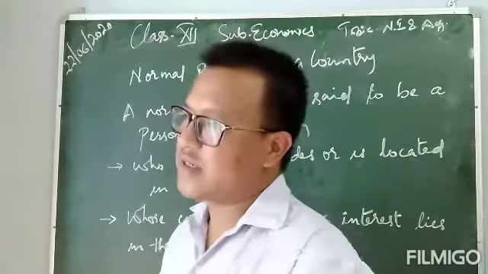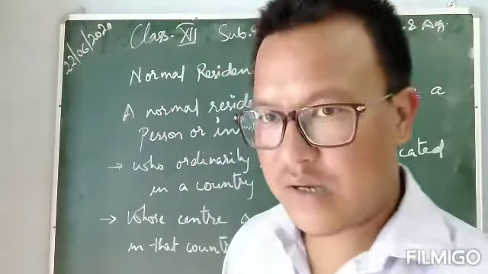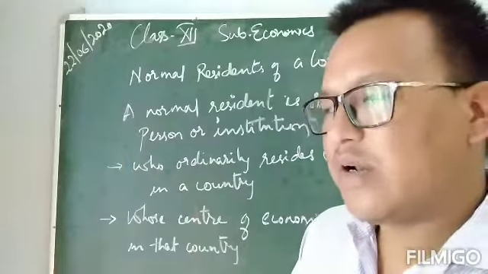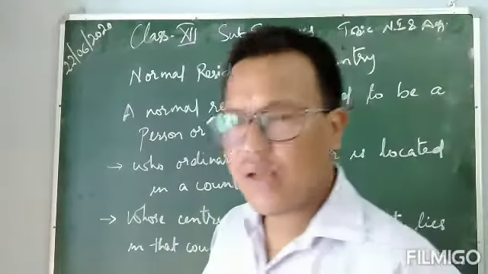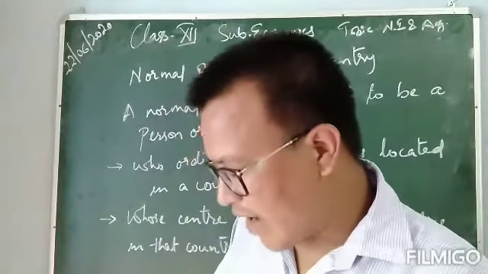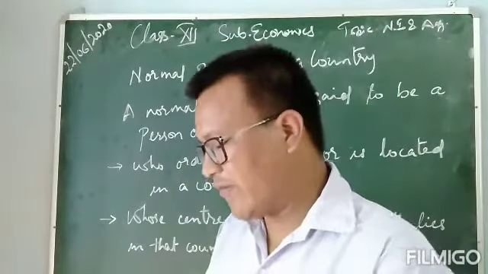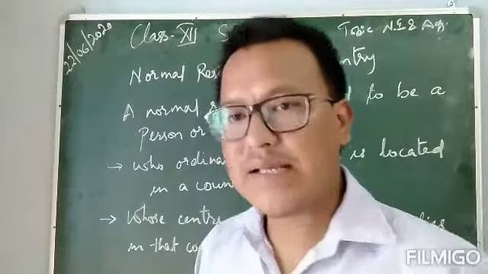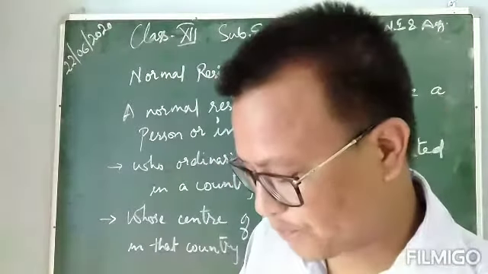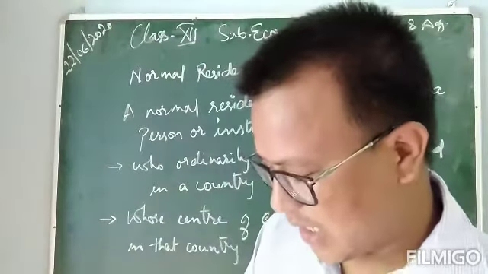For example, the embassy of India located in America or England. The monetary value of national product is termed national income.